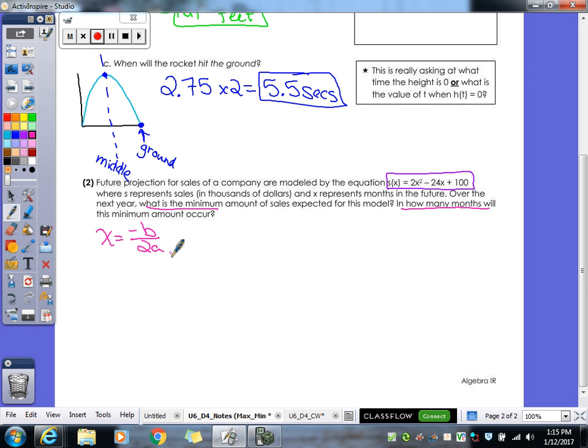So X equals negative B over 2A. You always got to figure out the time, and then you can figure out the other number after that. So looking at our equation, what is our B value? Negative 24. Plus we have the negative from the formula, so we have a negative negative 24 over 2 times, what's our A value? 2.